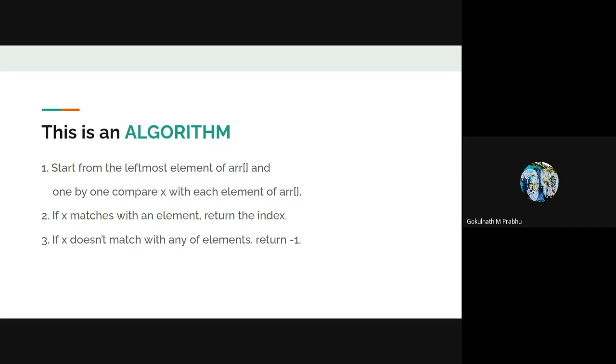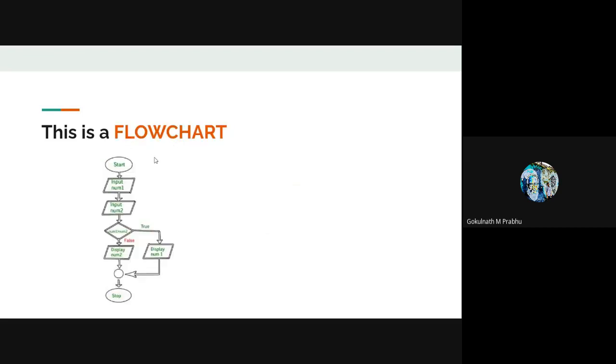That's why we say algorithms are harder to understand but easier to debug. If this wasn't supposed to be the leftmost element, maybe it was the middle element, we can easily understand, oh, this is where I made the mistake, so this is where I need to change. In that regard, algorithms are easier. But in the case of a flowchart, we can't really tell if something has gone wrong.